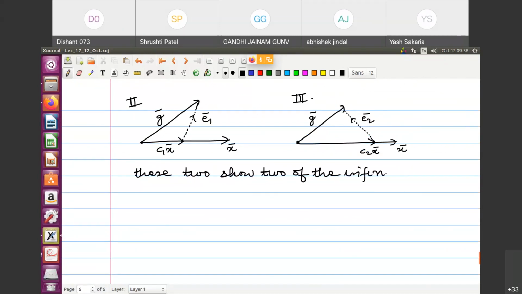Obviously you will have infinite possibilities. Meaning, given G and X, you can draw many different lines like this, at obtuse angles or acute angles from X, you can draw several lines. Okay. So there is no unique representation here. So it's true of the infinite other possibilities.